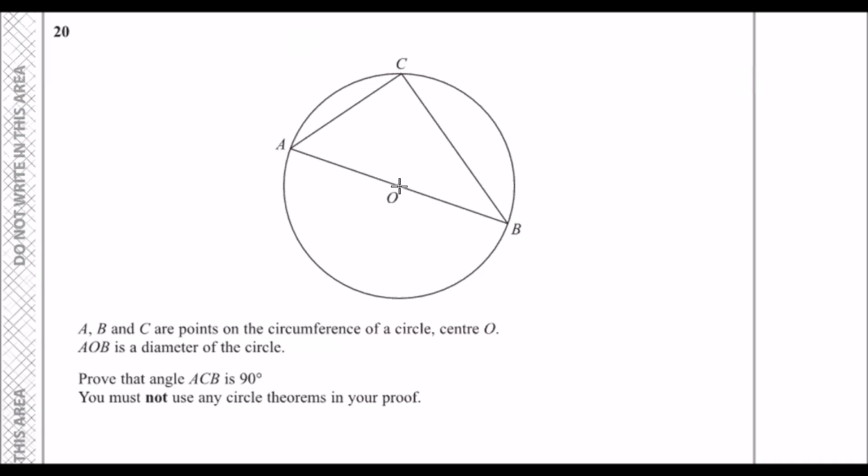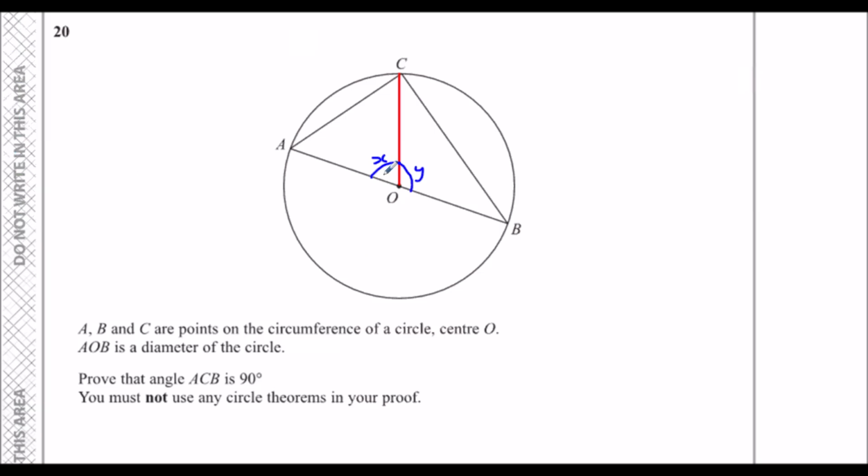So what we're going to do, we're going to connect the center to point C. And then we're going to take, let's just call an angle X. So I'm going to have X as AOC, and I'm going to have Y as BOC.